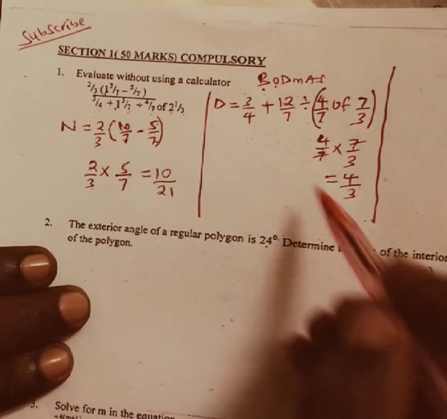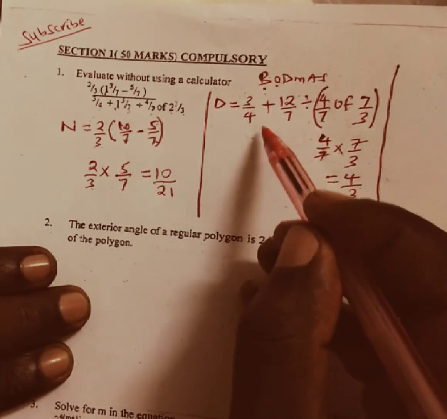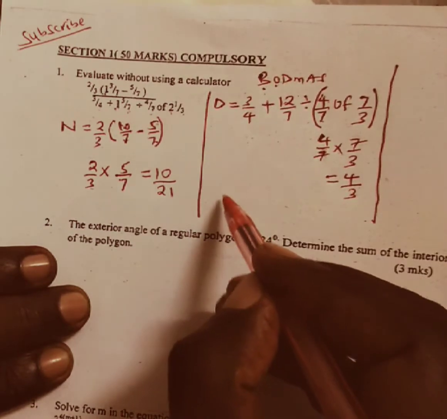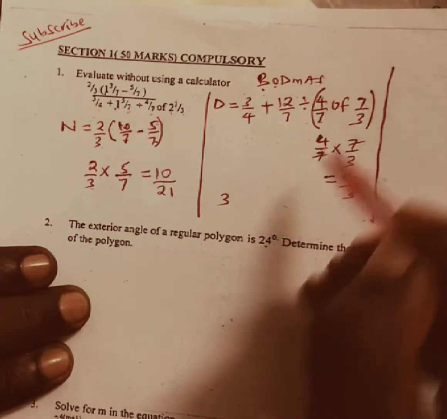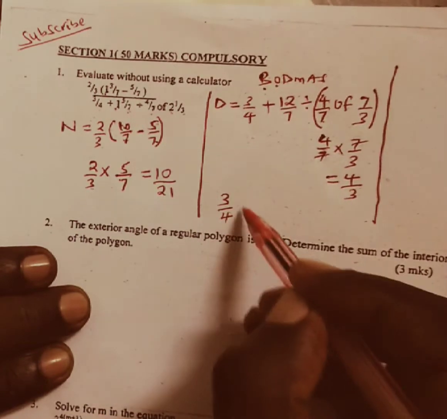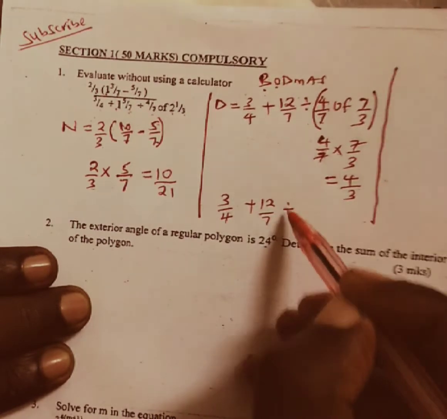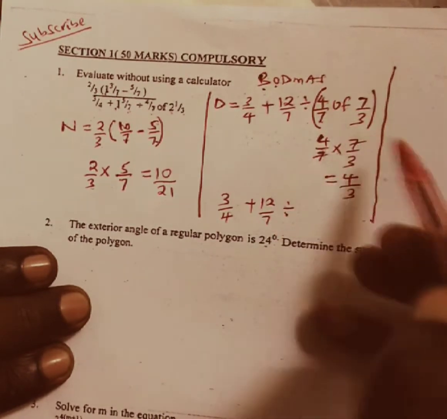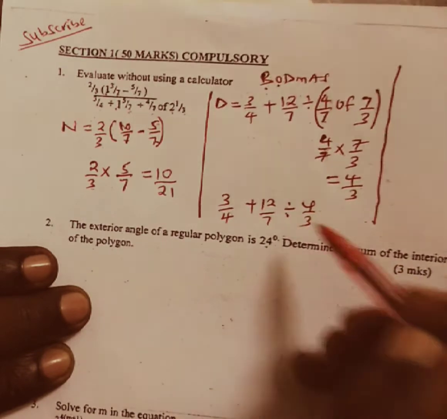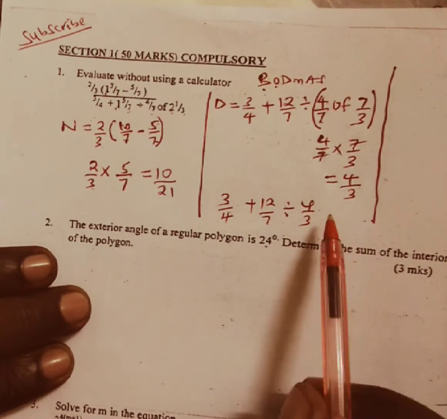From there we come down and say this is 3/4 plus 12/7. We divide by the answer we got, 4/3. From there we go to the next operation.